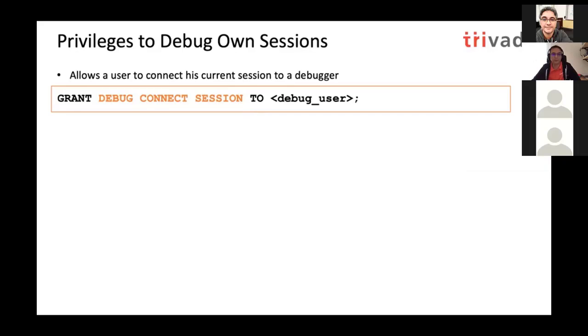You can grant it to yourself for your own sessions. This does not work out of the box. You have to grant it to yourself. That one option is probably good enough when you just work with one user, without a connection pool and so on, then this is enough.